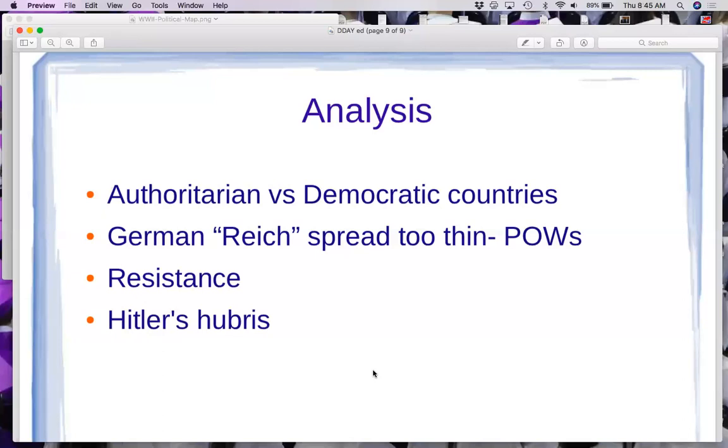And finally, the last bit of analysis is that Hitler had a lot of hubris, which means total arrogance, and he just couldn't imagine that he could be wrong, which meant he was good at offense and terrible at defense.